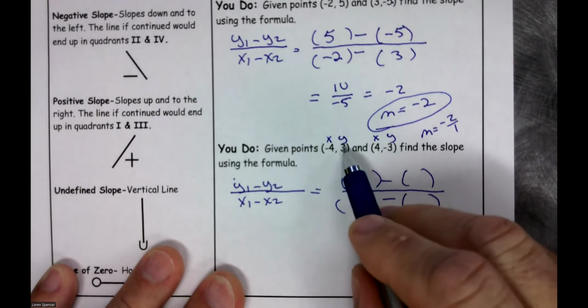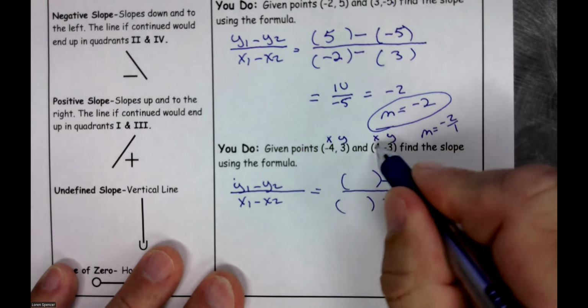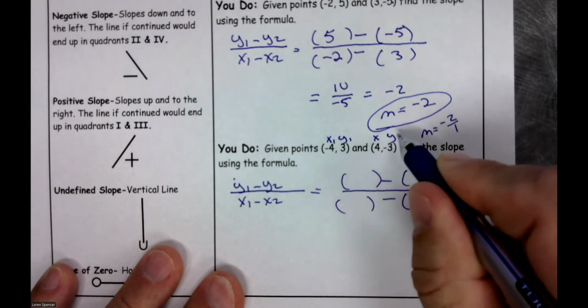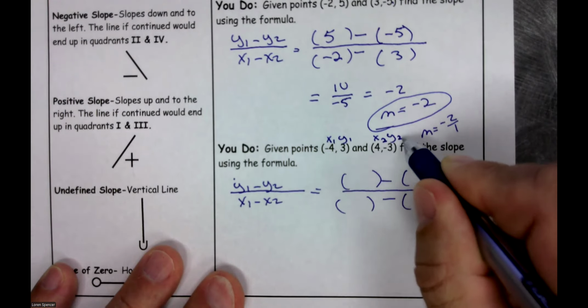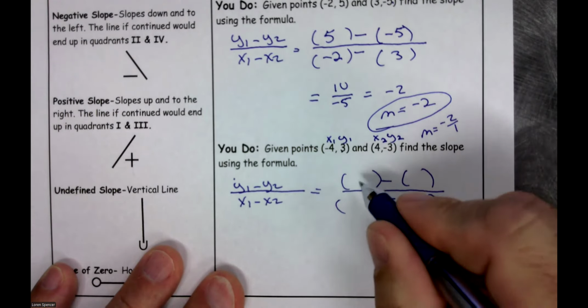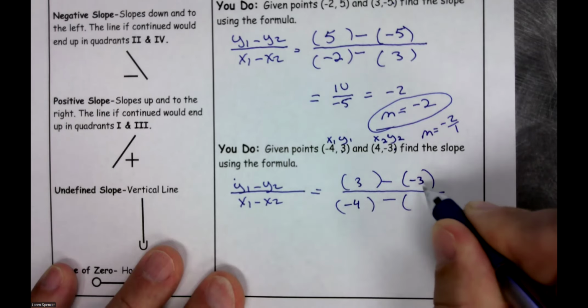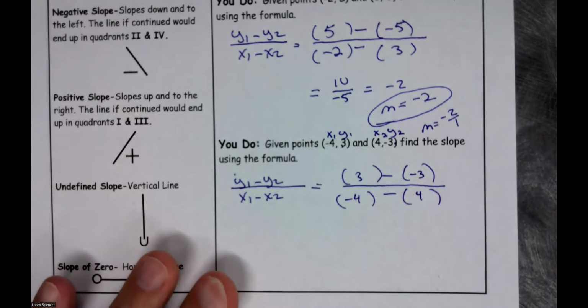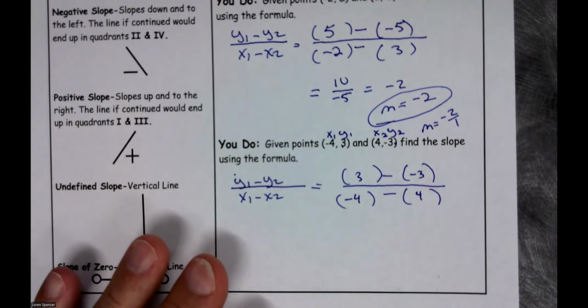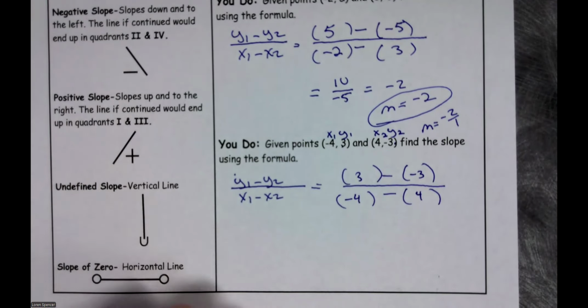All right. So the y's go, gosh, I forgot to put the ones and the twos. So this should be 3 over -4. And this is -3 over 4. All right. So we're going to head back to Desmos here.